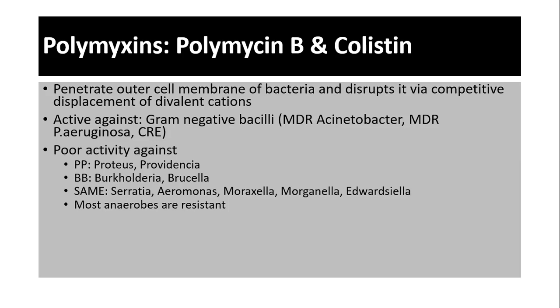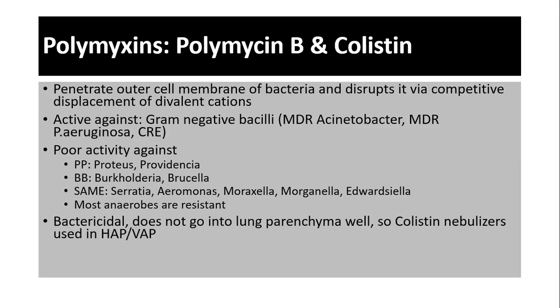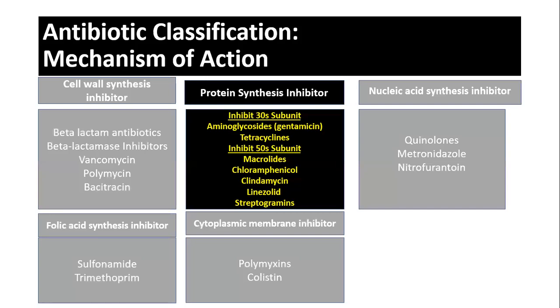Most anaerobes are resistant to polymyxins. It is bactericidal, but it does not go well into the lung parenchyma, so we may need to add nebulized colistin in case of refractory HAP or ventilator-associated pneumonia. So now the next class of antibiotics is the protein synthesis inhibitors.